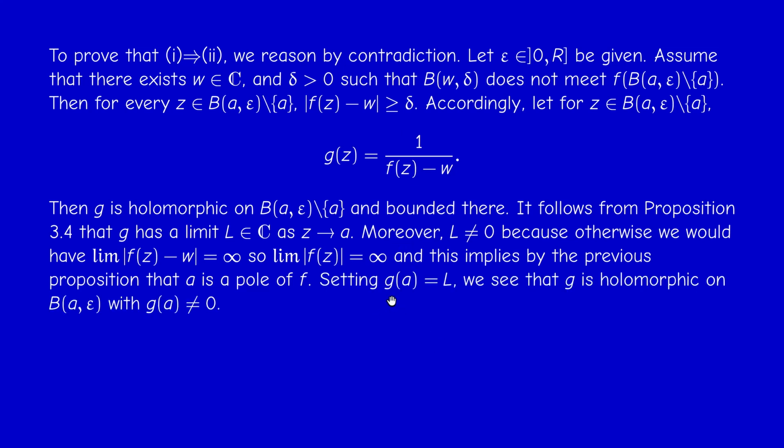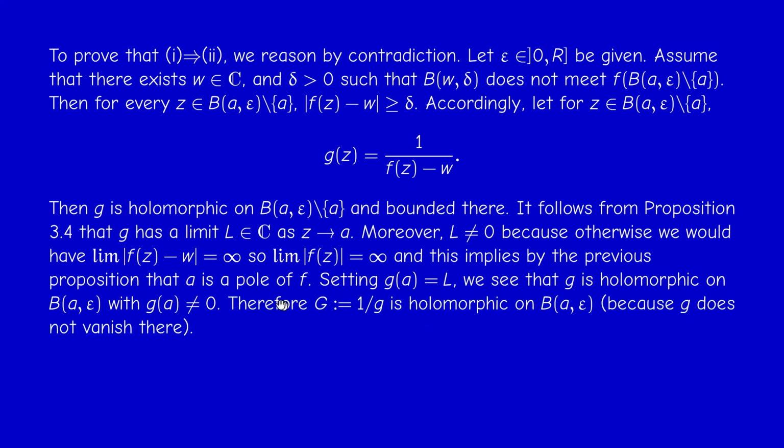Okay, so if I extend g by continuity to the whole disk B_A(epsilon), we have that g is holomorphic on the whole disk, the unpunctured disk, with g(a) different from 0, because g(a) is L and L is different from 0. And therefore, if I take the inverse, it would be holomorphic on the same disk.